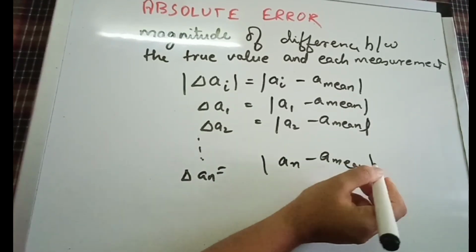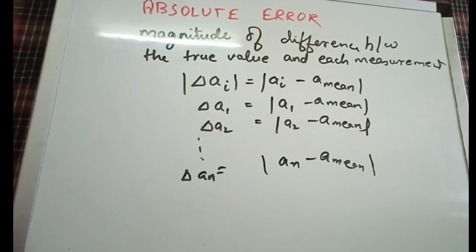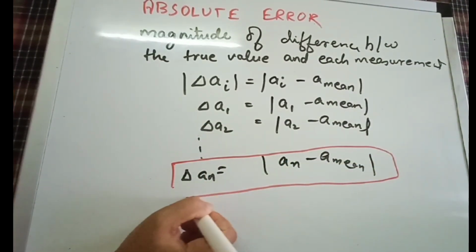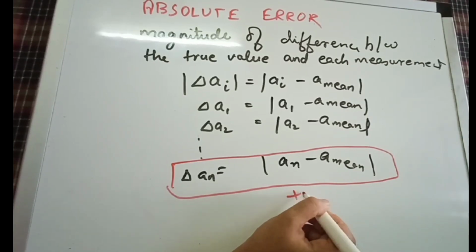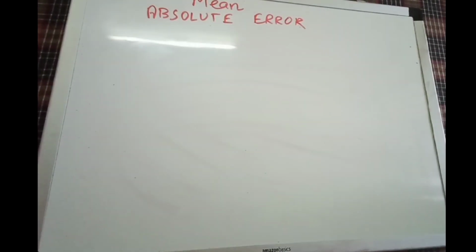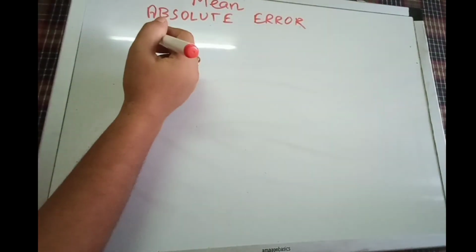Sometimes for some readings you will get a negative value when the reading is less than the arithmetic mean, but whatever be the case, since we are taking the absolute value or magnitude only, it will always be positive.